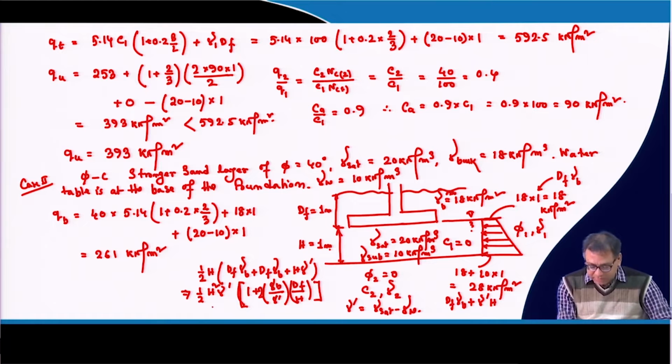Then this part will be 1, then Df gamma bulk plus Df gamma bulk, this will be twice, then gamma bulk divided by gamma sub into Df by H.